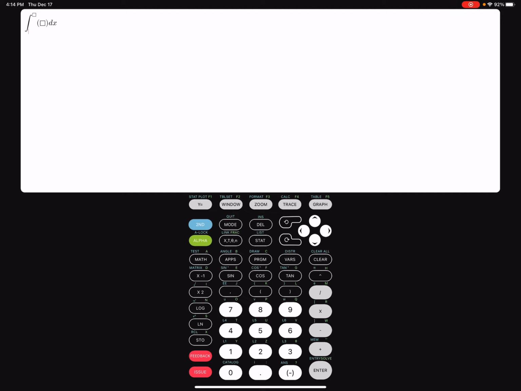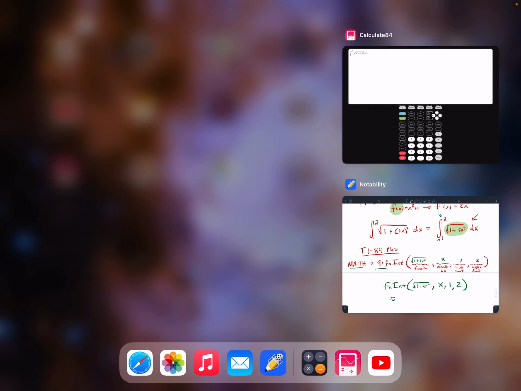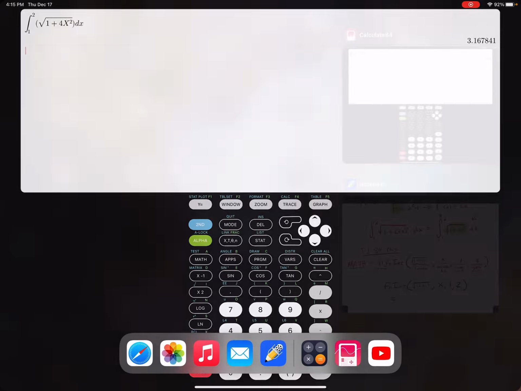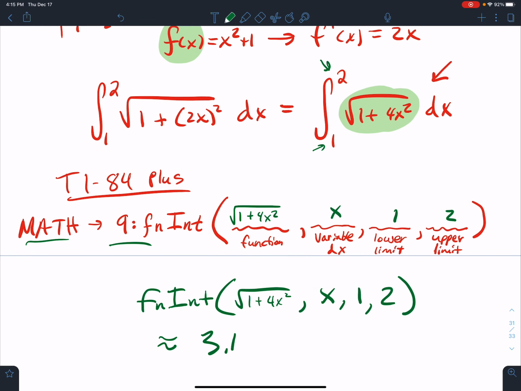The problem was from 1 to 2 of the square root of 1 plus 4x squared dx, I think. Now I hit enter, and I get 3.1678. So to 3 decimals, 3.168. That is what I would expect to see here.